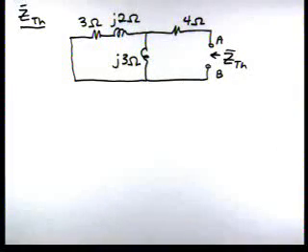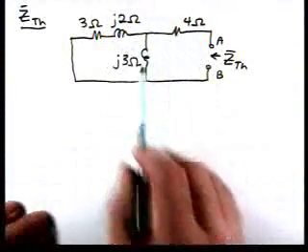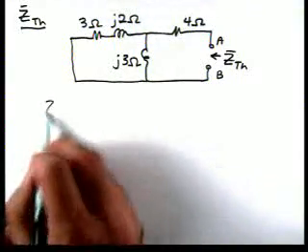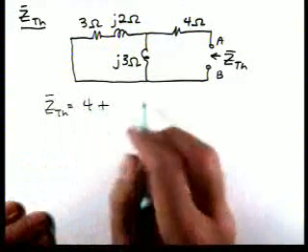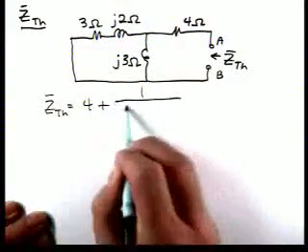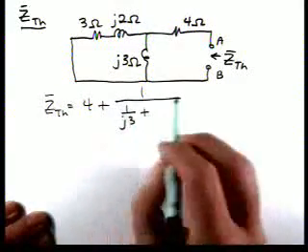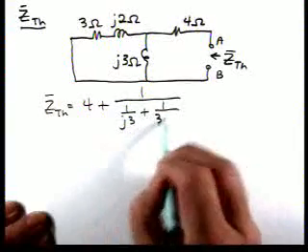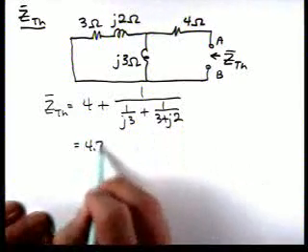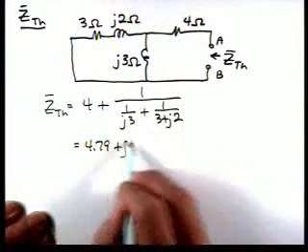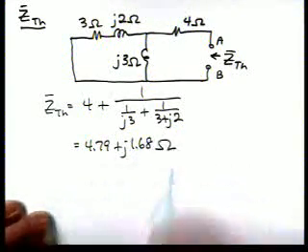We have this impedance in series with this parallel combination. So Z Thevenin is calculated as follows, and Z Thevenin then is 4.79 plus j1.68 ohms.